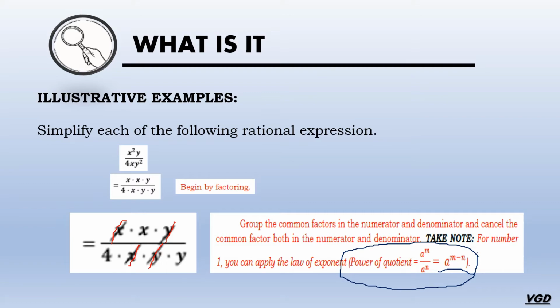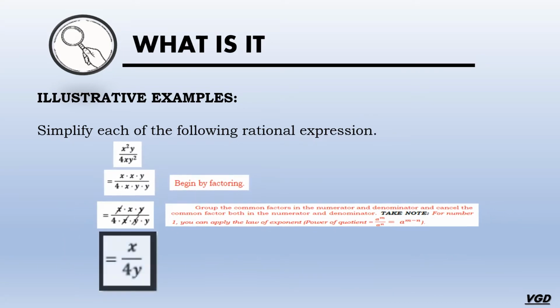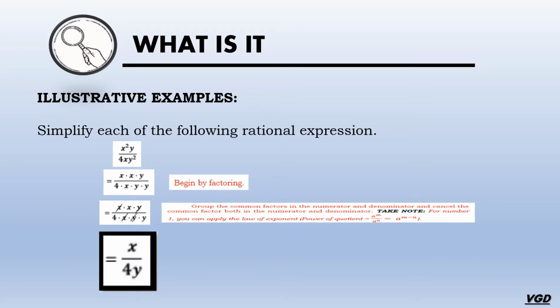We can just subtract the exponent as long as we have the common base. So, the simplified form of x squared y over 4xy squared is equal to x over 4y.